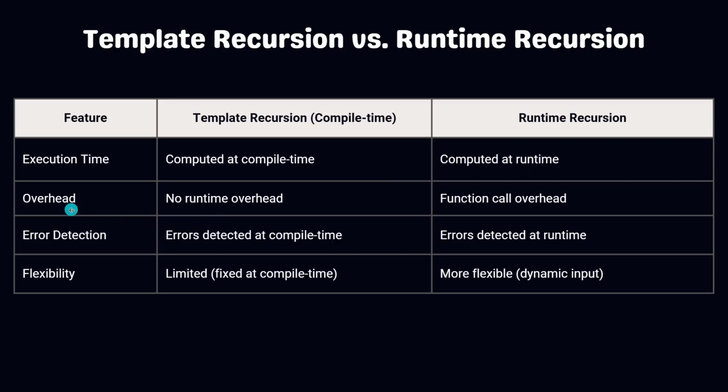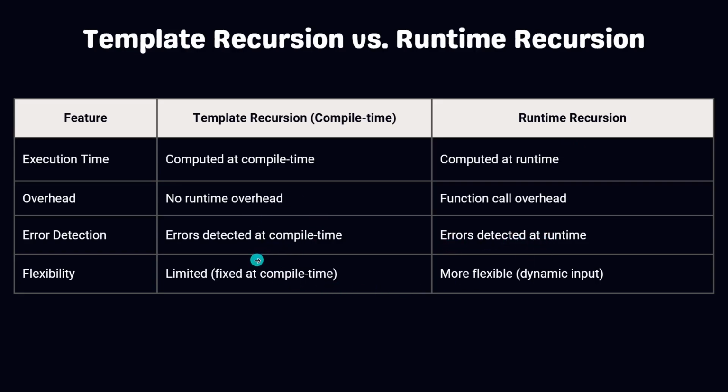In terms of overhead, runtime recursion has overhead at runtime, but template recursion does not have any overhead at runtime because everything is done at compile time only. Whatever errors we have, in template recursion we can detect them at compile time only, while in regular recursion they are detected at runtime.